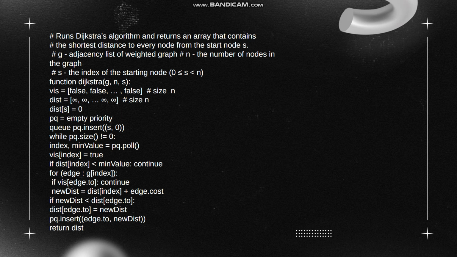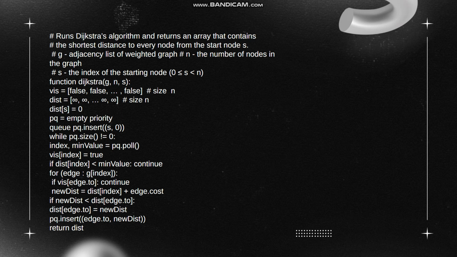Then we have the distance array, which holds positive infinity values. The first value by default will be 0. Then the priority queue, which is empty.